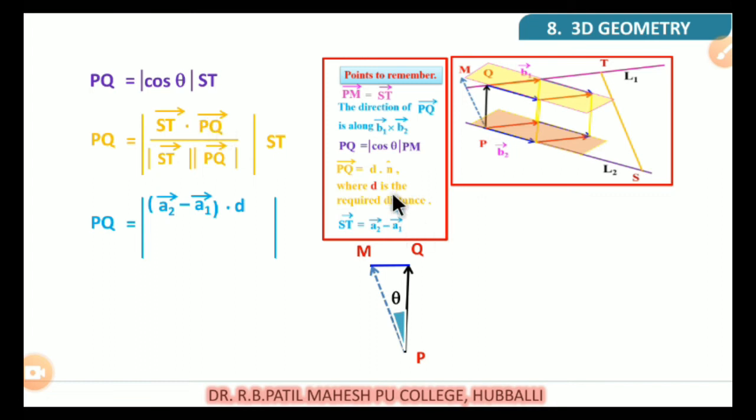PQ vector is already equal to D into n cap, divided by the magnitude of the ST vector, which is ST only, and the magnitude of the PQ vector is D, because if you take the modulus, n cap has magnitude equal to 1, so it becomes D only.